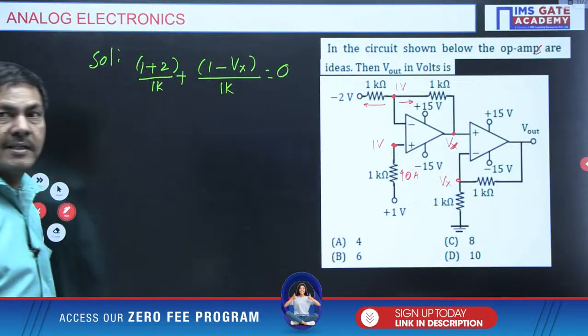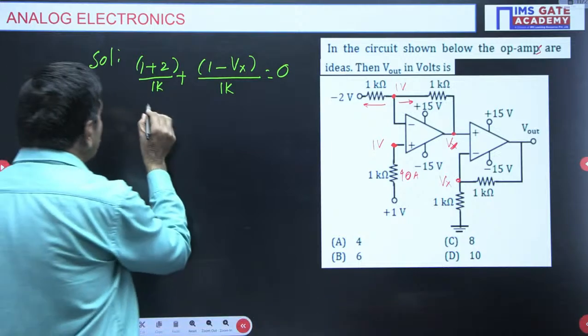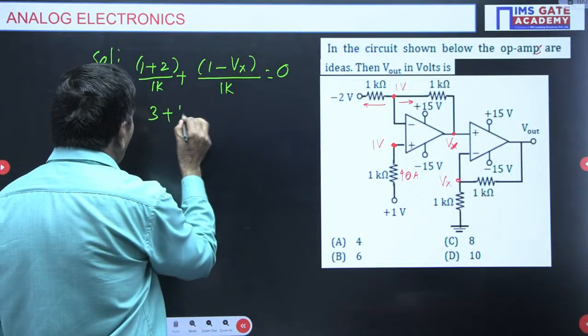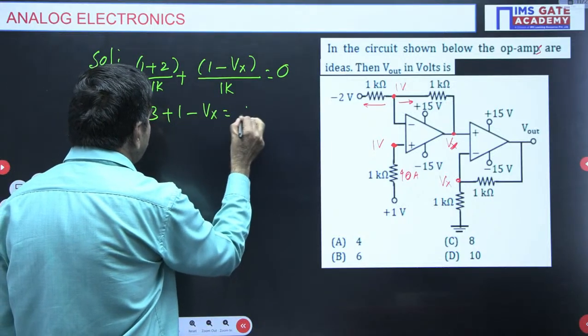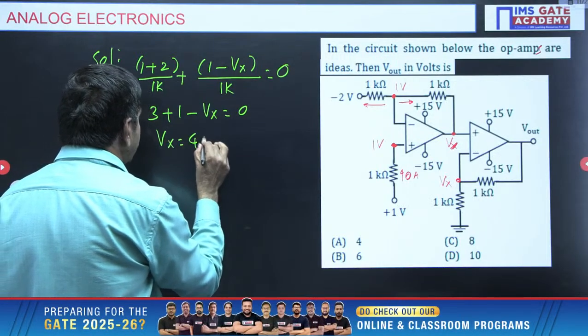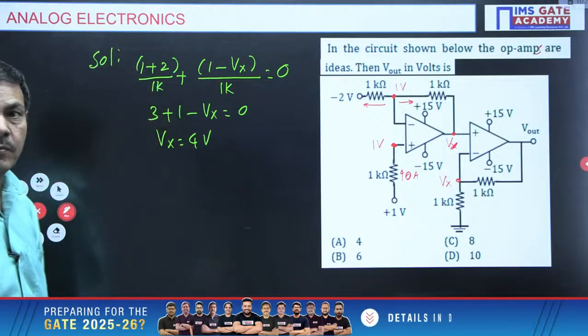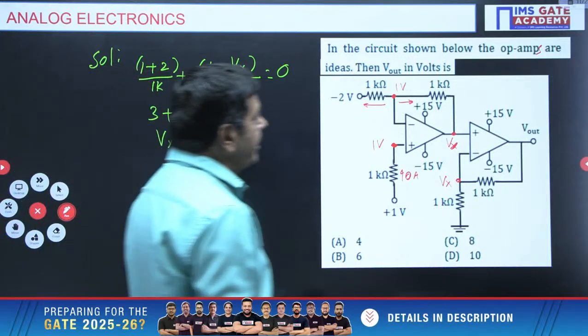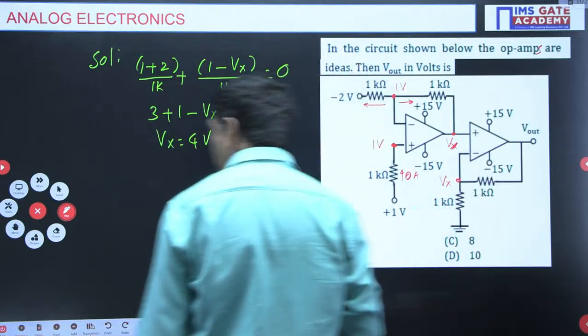I can cancel 1k, 1k. I will get 1 plus 2, 3, plus 1 minus Vx equal to 0. Finally, Vx equal to 4 volts here. Vx is 4 volts.